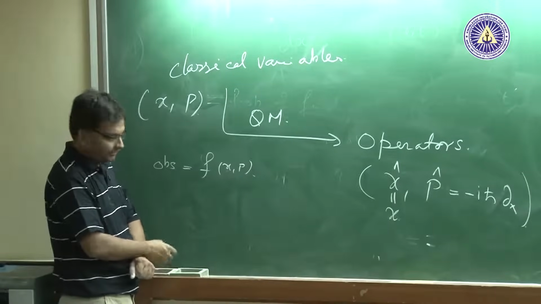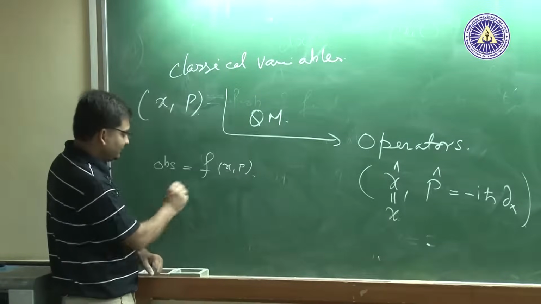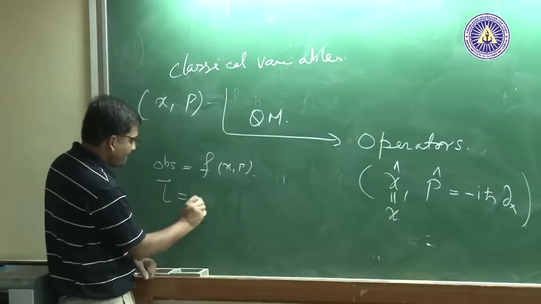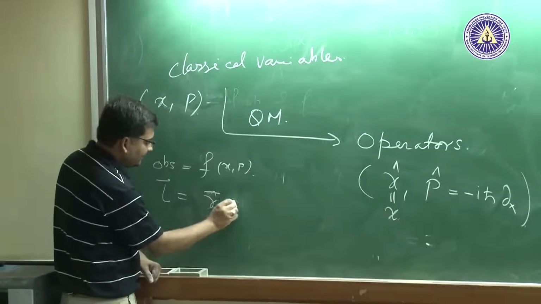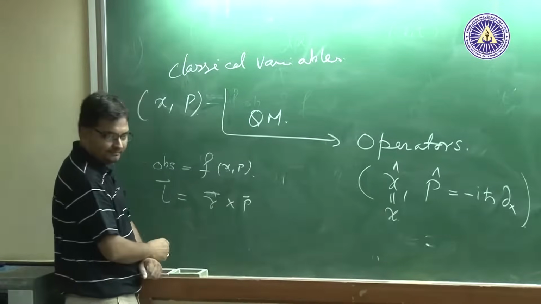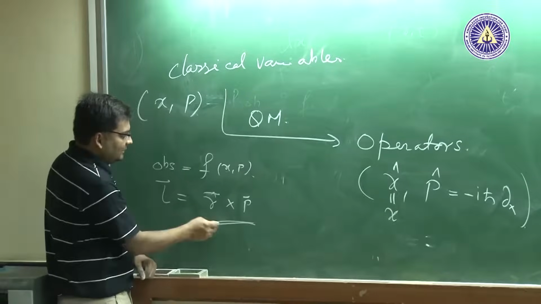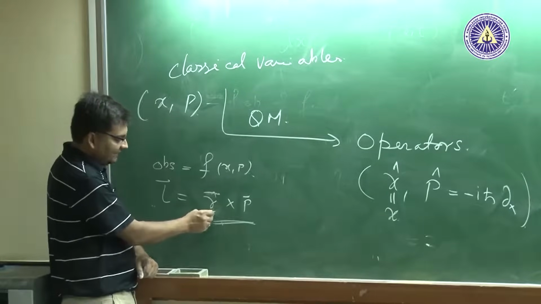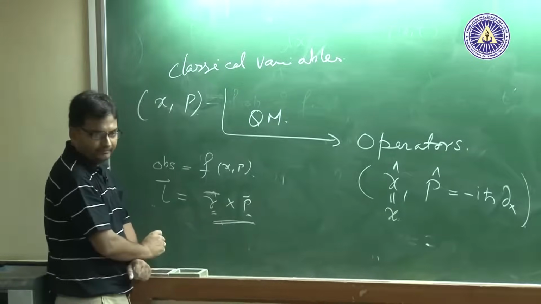For example, L is r cross p. So anything is a function of r, position, and momentum.